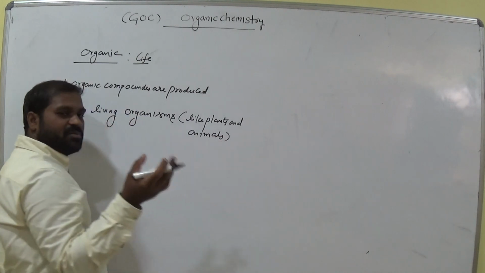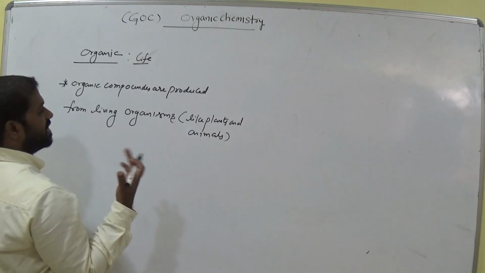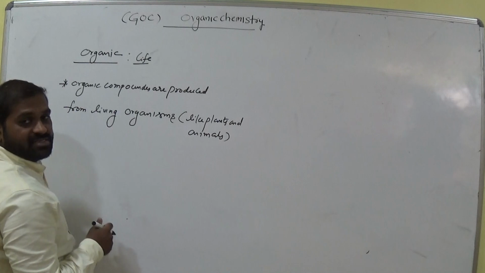So organic compounds are mostly present in plants and animals. The origin of organic compounds is generally these natural plants and animals. Okay, is it clear?